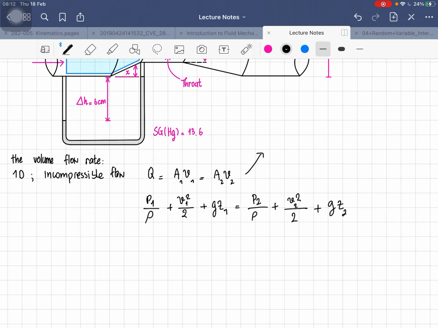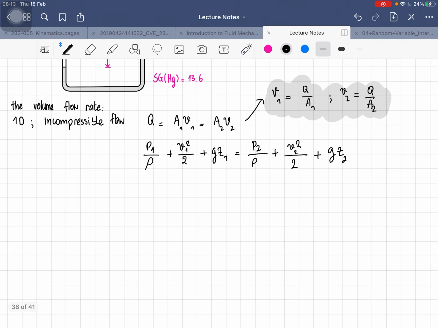From this relationship we can convert it as velocity 1 equals Q over A1, and velocity 2 equals Q over A2. With this kind of equation, we can substitute it in the next equation.